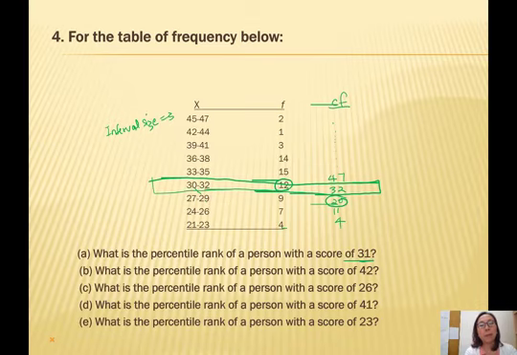That makes the lower real limit 29. And you have the interval size of 3. These are the numbers that you need to plug into the formula to calculate the percentile rank. So try the same procedure for the remaining scores that you see here, the scores of 42, 26, 41, and 23, to get a hang of using the percentile rank formula.